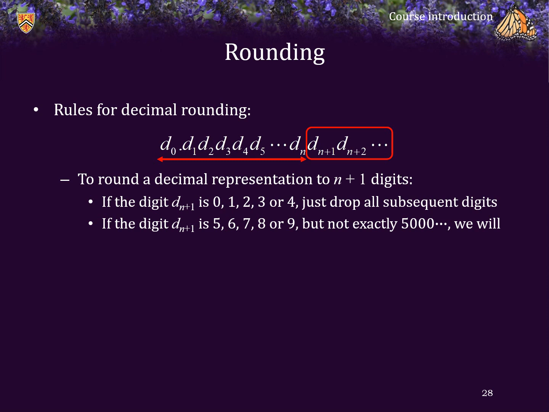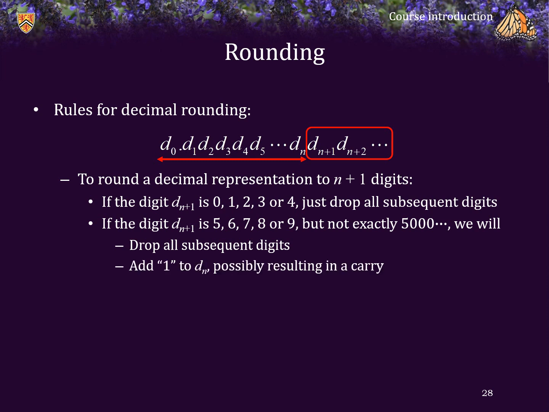If the next digit is 5 through 9, but all subsequent digits are not exactly 5 with an infinite number of zeros thereafter, we will truncate all subsequent digits and increment that last remaining digit, d sub n, by 1, and that of course may result in a carry, which we will then perform.